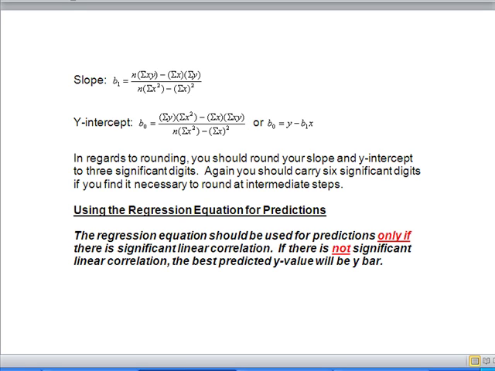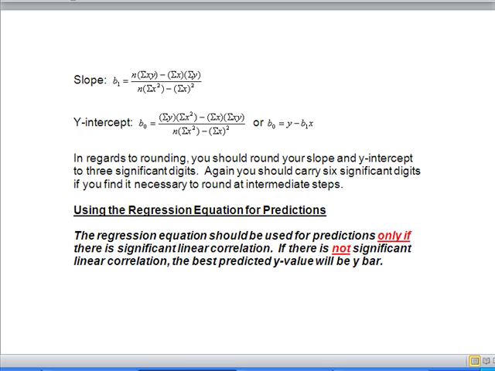You can imagine if you had 100 data pairs, or 1,000 data pairs, how time consuming that would be. Fortunately for us, we have the calculator, and the calculator does all of the messy calculations for us. So the main thing we want to focus on here is being able to interpret what we get from the calculator.